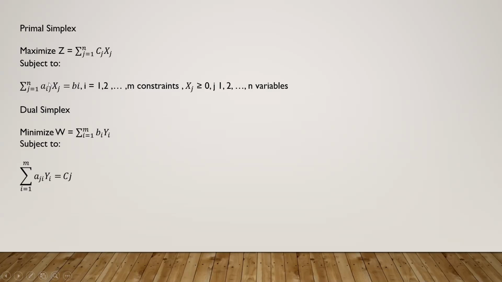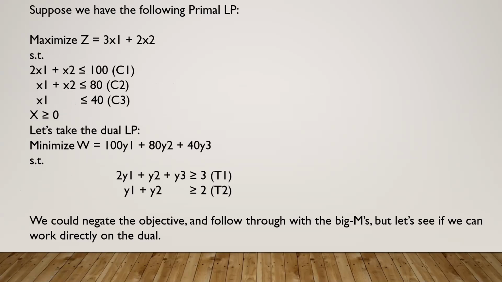So for example, let's see a problem very briefly and go back to this notation. Say you have a maximize of z equals 3x1 plus 3x2 subject to, this is the first constraint, this is the second constraint, this is the third constraint.